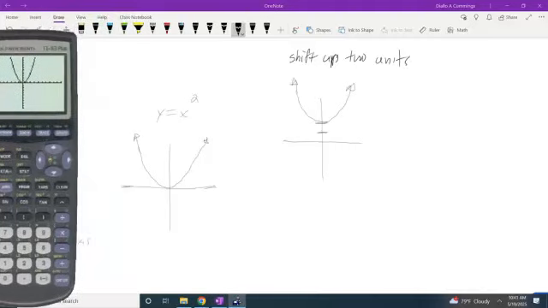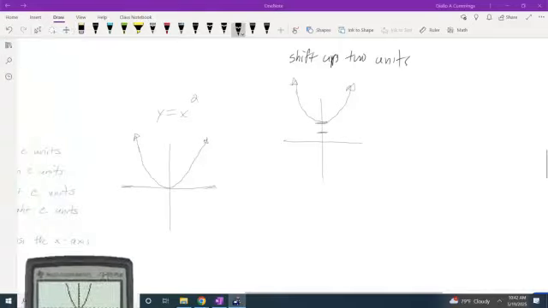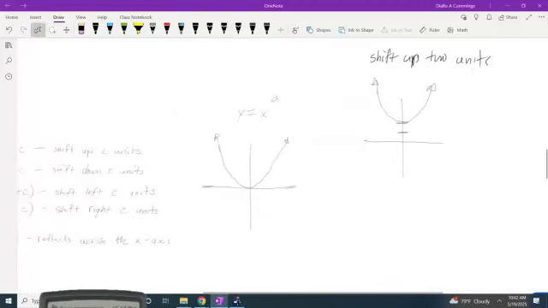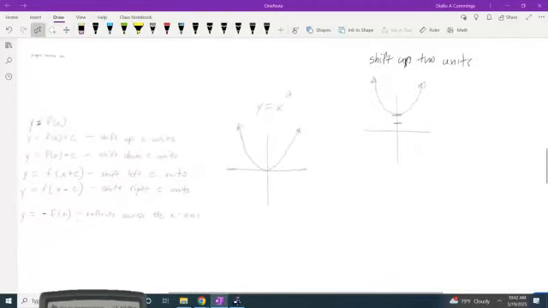All I did was take the basic graph and vertically shift it up 2 units. How would I write the formula for it now? That's where these transformations come in. If you wanted to take a basic function and shift it up 2 units, how would I write that out?